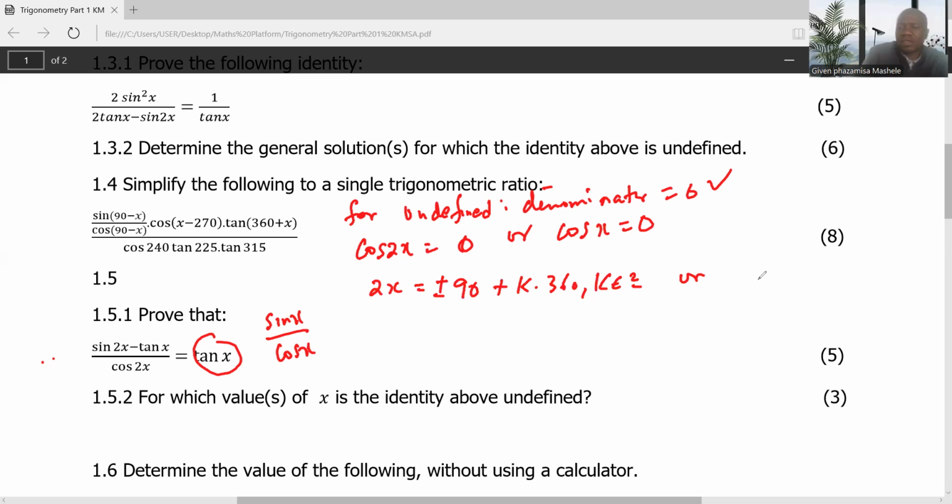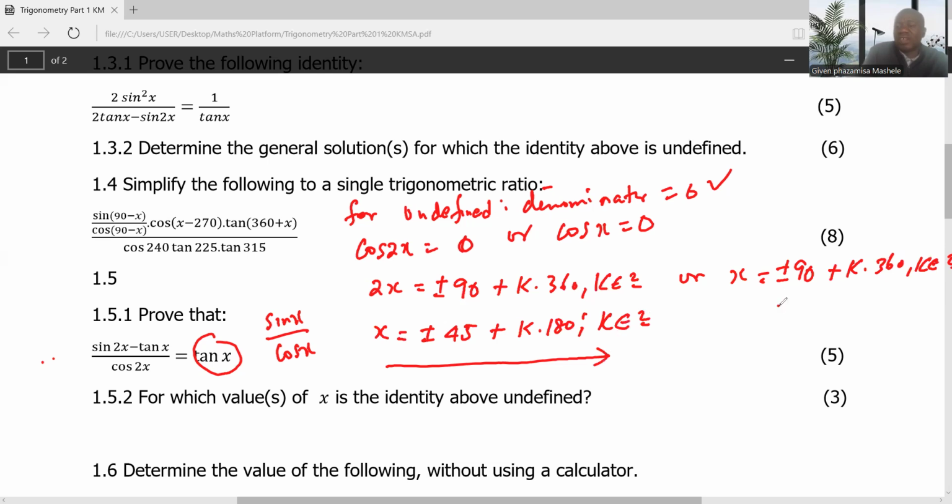The second one, cos x equals 0, this will be plus minus 90 plus k times 360 when k is an element of integers. But since you are solving for x, you divide everything by 2. So this will be plus minus 45 plus k times 180 when k is an element of integers.